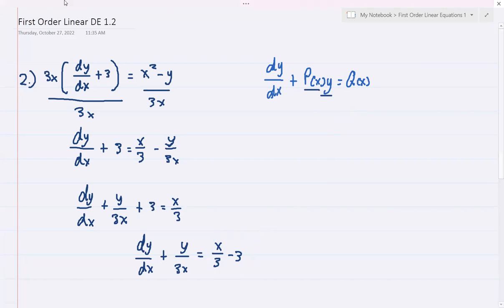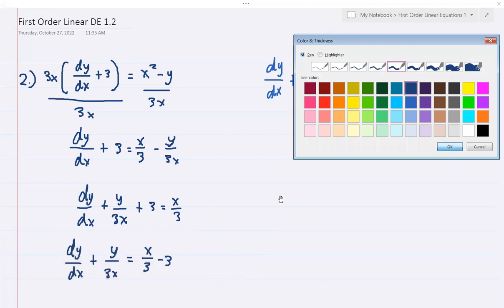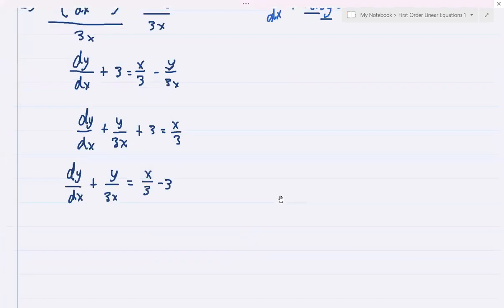Since this is already in standard form, we can now label which one is your p of x and which one is your q of x. Your p of x will be 1 all over 3x. How is that possible?